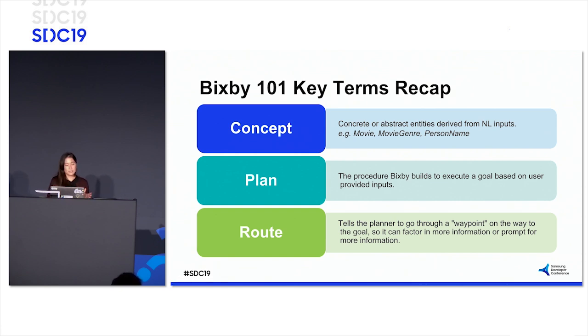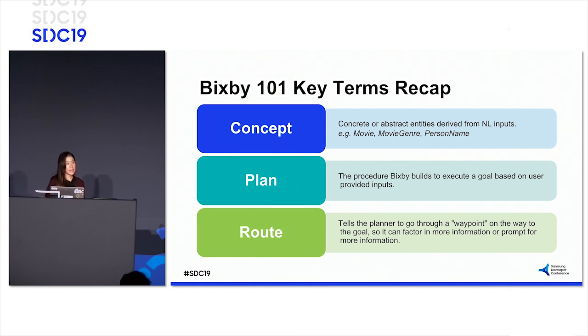So concepts I just mentioned, they are the concrete or abstract real-world entities derived from natural language inputs. So we can kind of imagine those almost like nouns, the notions of what a movie is, what a genre is, what an actor or director's name is. And again, we often map our utterance goals to a concept. Plans we'll be taking a look at shortly.